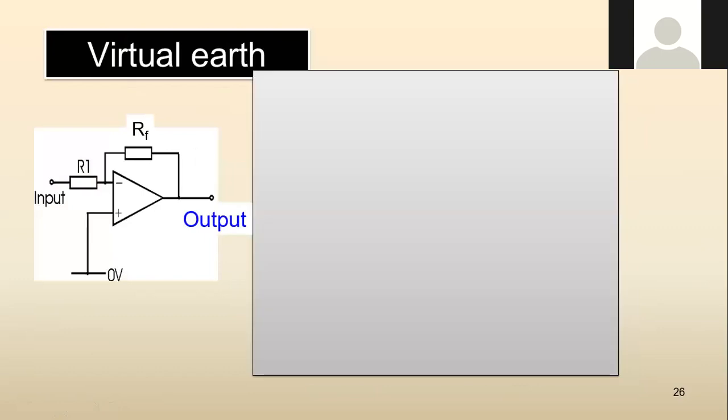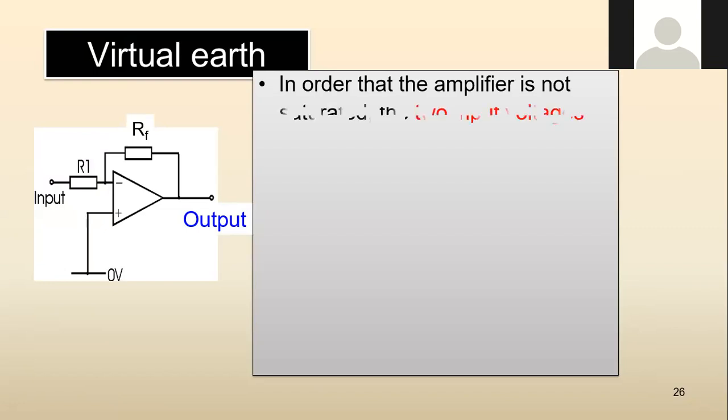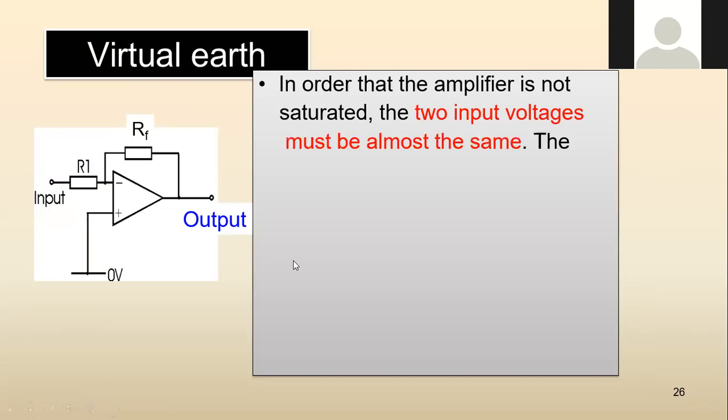Right. The other concept that we need to remember is virtual earth. In order for the amplifier not to be saturated, we don't want it to be saturated, the two inputs, negative and positive, must be almost the same, very close.